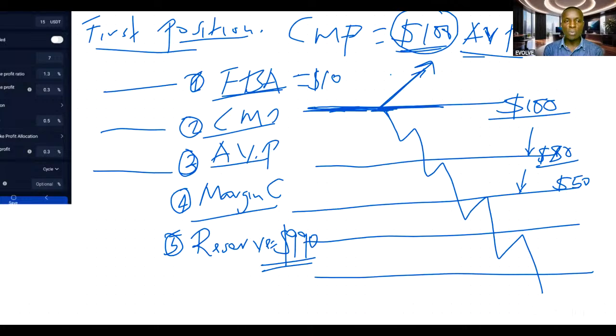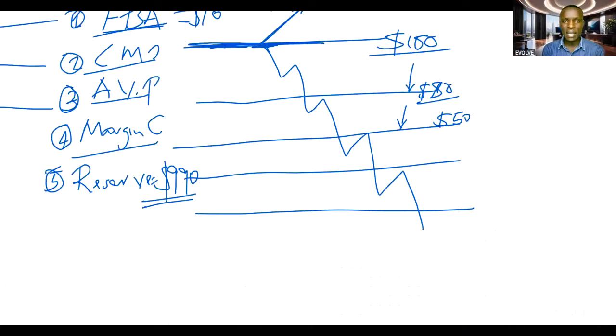Let's go back to our shock absorbers, our risk profile. Now, the risk profile is basically you understanding that from the first position where I entered from here, what could be the percentage this market may drop?